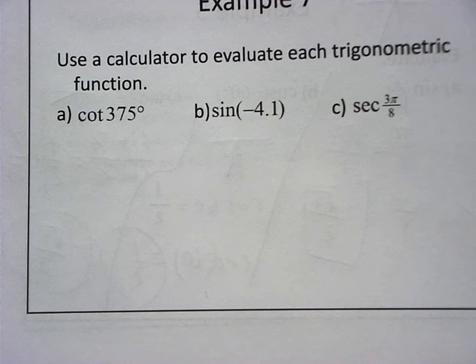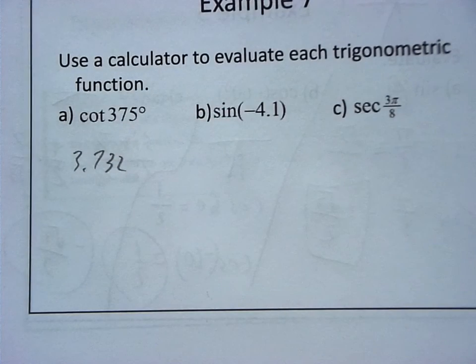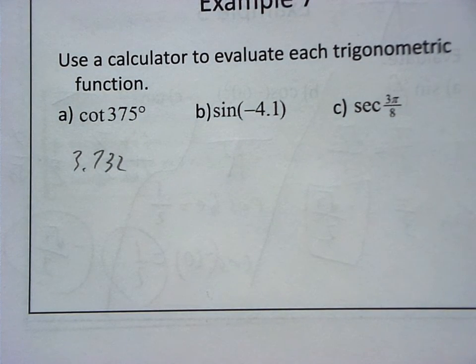I'm confused. What's cotangent? 375. Anybody? Anybody else get that? Okay.